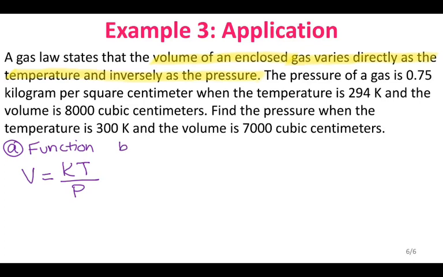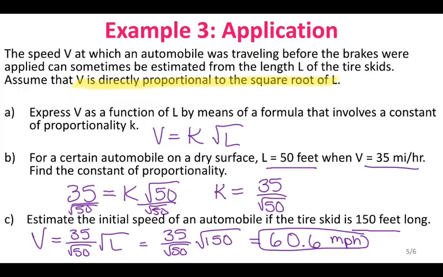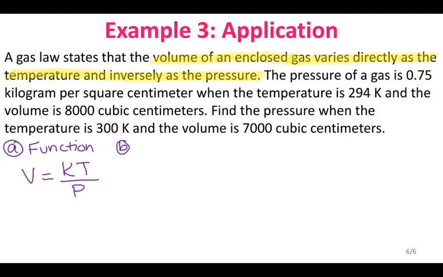Part B, if I go back to my previous problem, part B was to find the constant of proportionality, so to solve for K. So I'm going to go ahead and do that next. So when you're solving for K, the word problem is going to give you pieces of information, and that's what we have right here. We have the pressure of the gas is 0.75 when the temperature is 294 and the volume is 8,000 cubic centimeters.